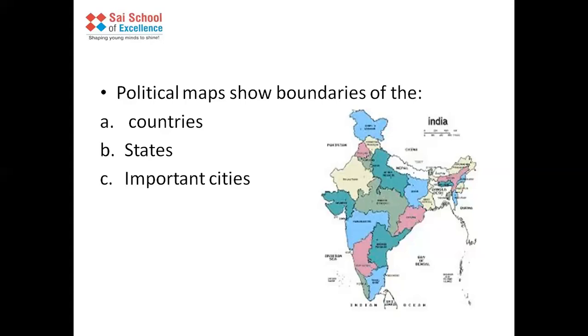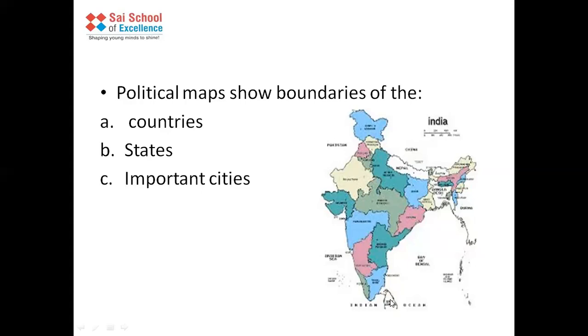For example, political map. These maps show boundaries of the countries, states, and important cities. Now, as you all know, India shares its borders with some other countries, for example, Pakistan, Myanmar, Bangladesh, Sri Lanka, right?